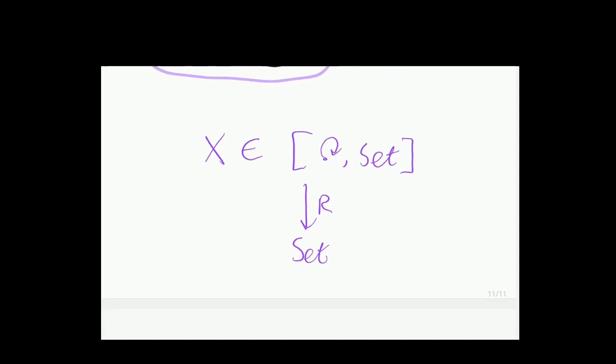And what we're interested in is applying our forgetful functor R to this dynamical system X. Well, it turns out that basically what we get from that is going to be isomorphic to what we get when we apply our hom functor. So let me just write this category of dynamical systems as scripty A, just to abbreviate it.